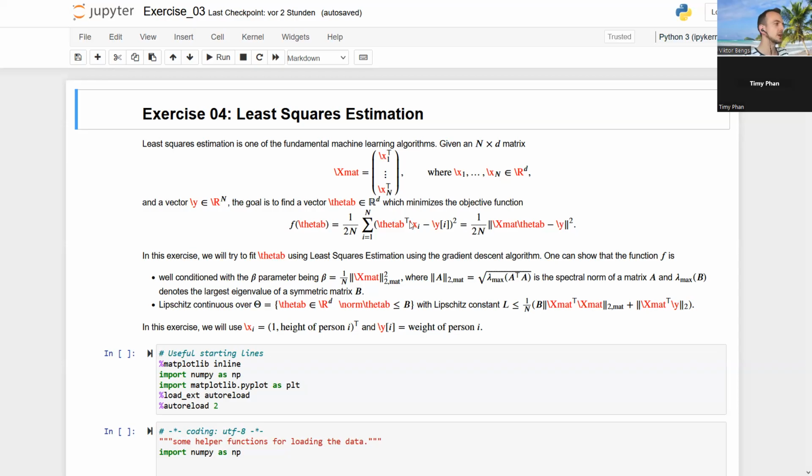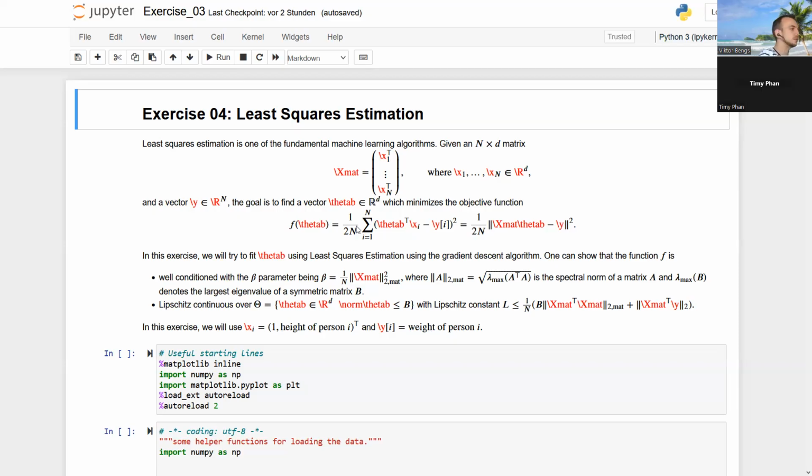So the closer we are with our theta transposed x_i to the y_i, the better, of course. And we sum this up over all of them. We normalize it here to make life easier.